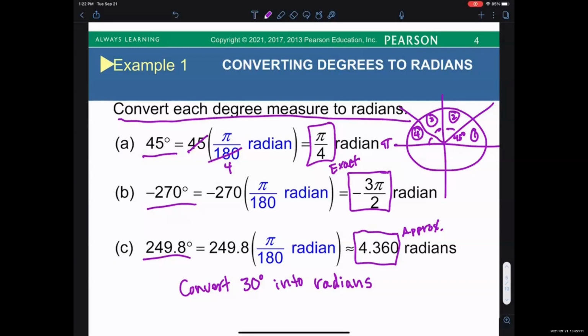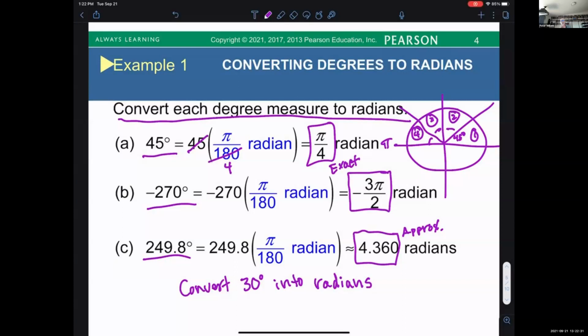The number is 249.8 divide 180 multiply 3.14 something, right? Yeah, so because that's multiplication and division, you could do that in a different order.